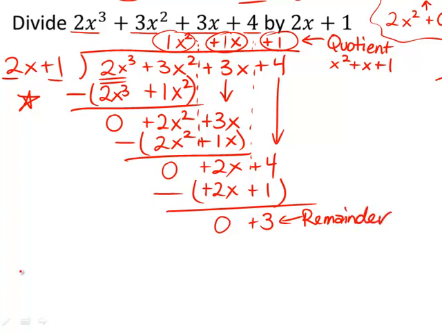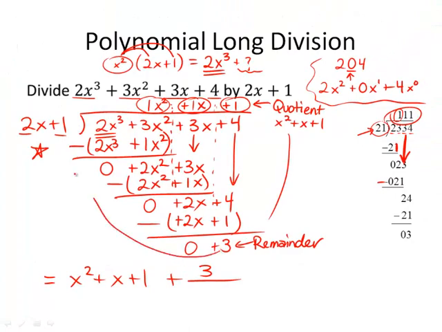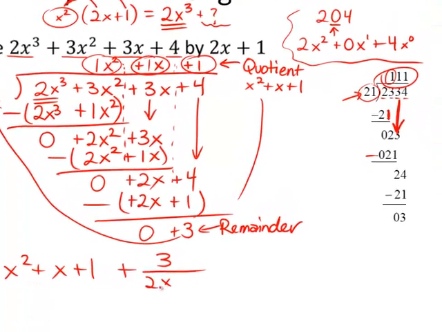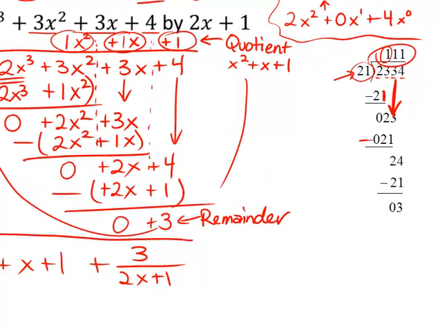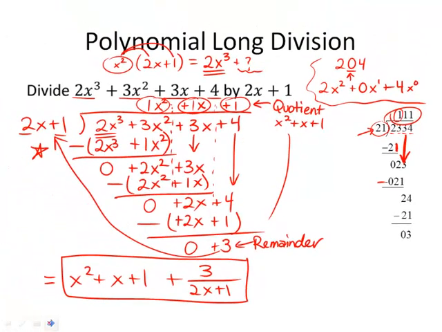So remember, the answer to this is going to be given as the quotient plus the remainder that is still not yet divided by the divisor. This may seem a little complicated, but let's move on and look at a few more examples of it.